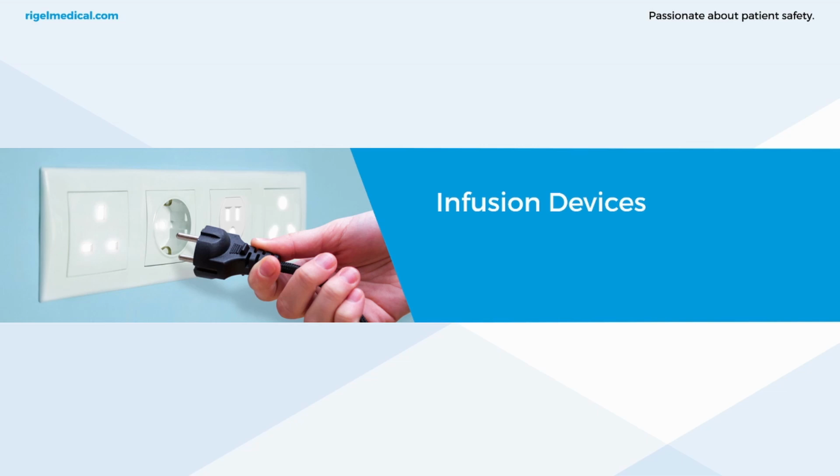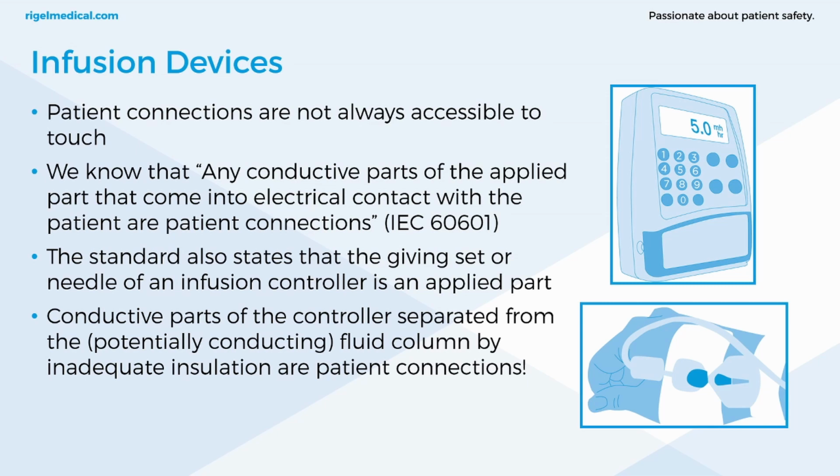Okay, so infusion devices is another one we get asked about, been asked about in the past. Patient connections are not always accessible to touch, and this is stated in the standard, and this is very relevant to infusion devices. So we know that any conductive parts of the applied part that come into electrical contact with the patient are patient connections.